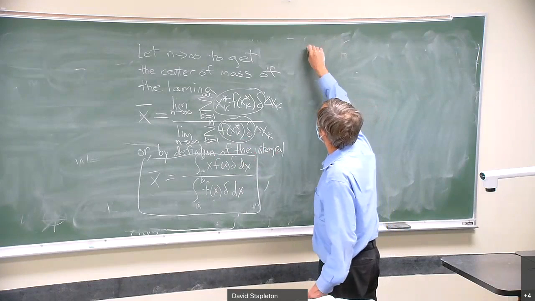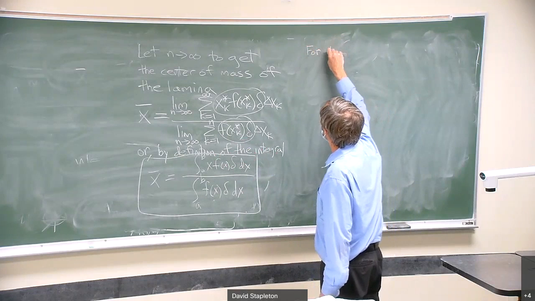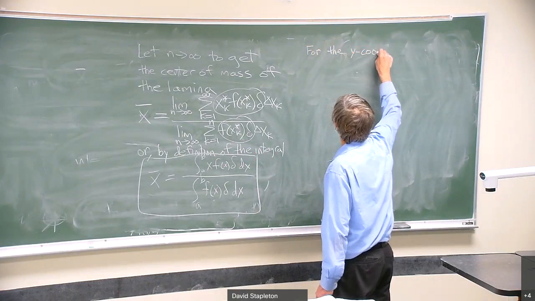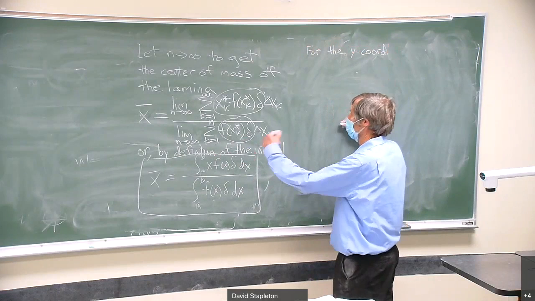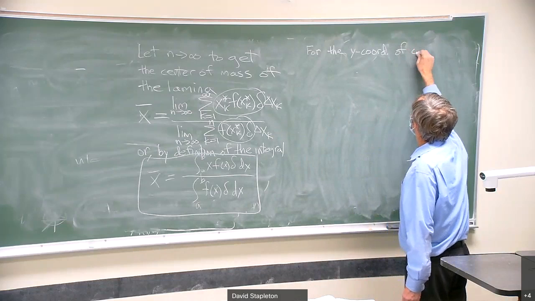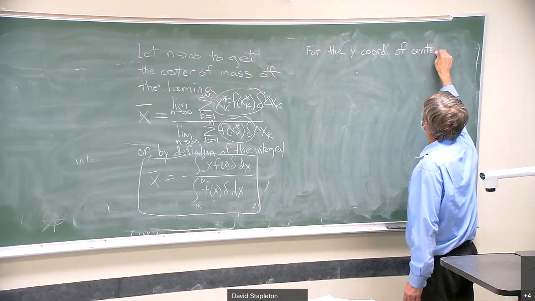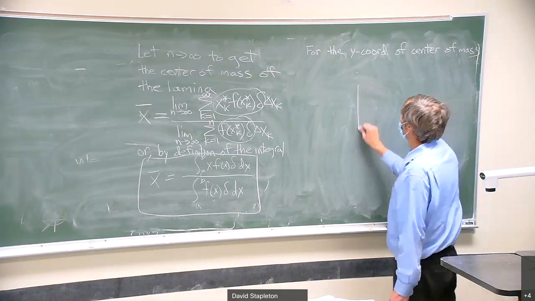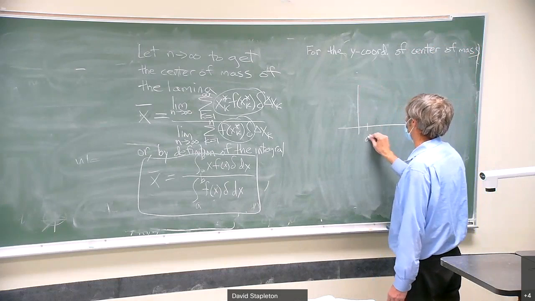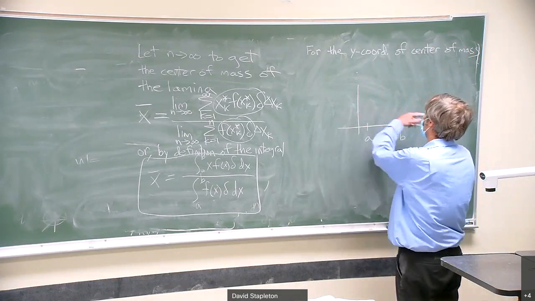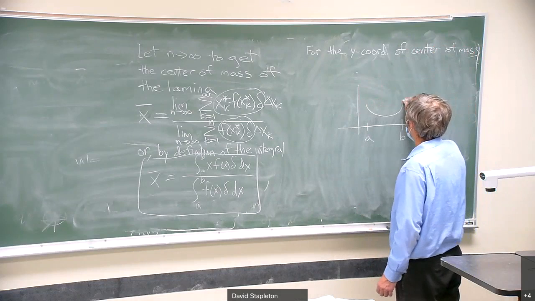So we'll say for the y coordinate of center of mass, or you can balance it in the y direction. Well, we'd have to consider the same picture. We're not going to write the height of the lamina as a function of y. We're going to write the width of the lamina as a function of y.